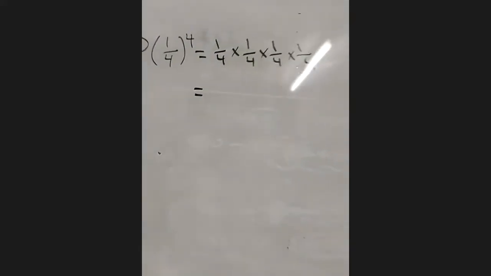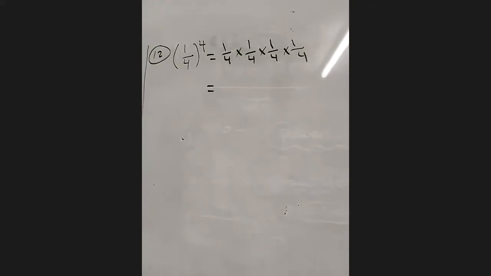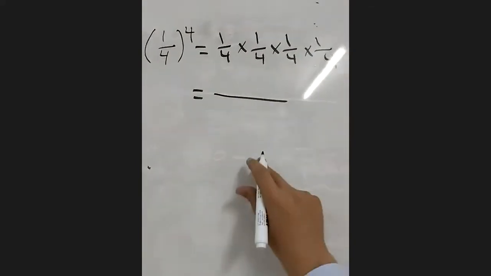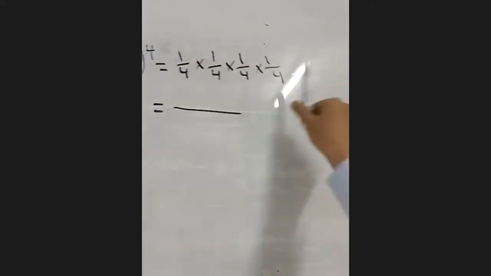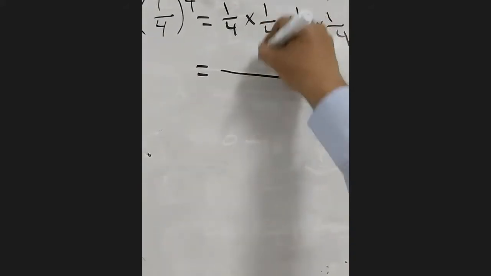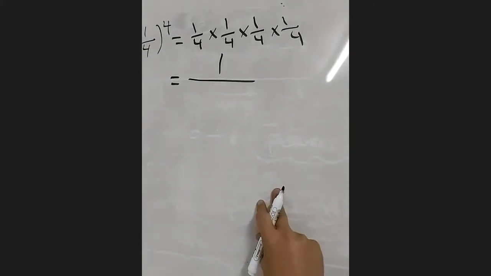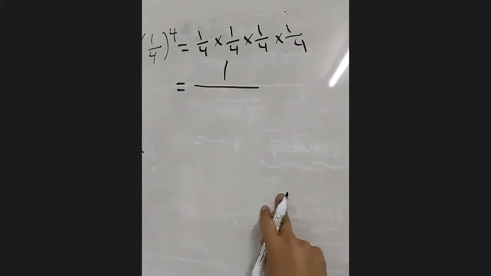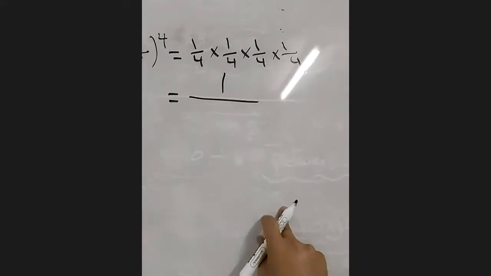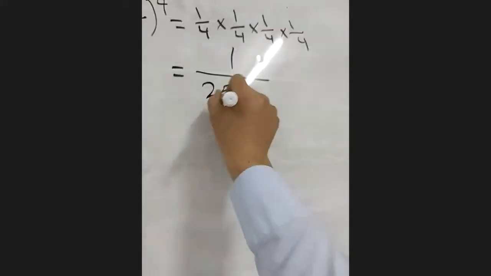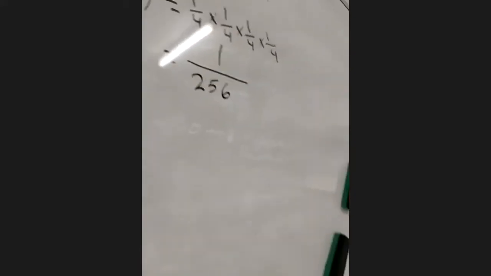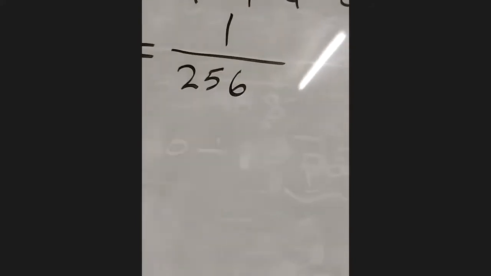Then we multiply the ones: 1 by 1 by 1 by 1 is 1, right? Then 4 multiply 4 multiply 4 multiply 4. It will be 256.